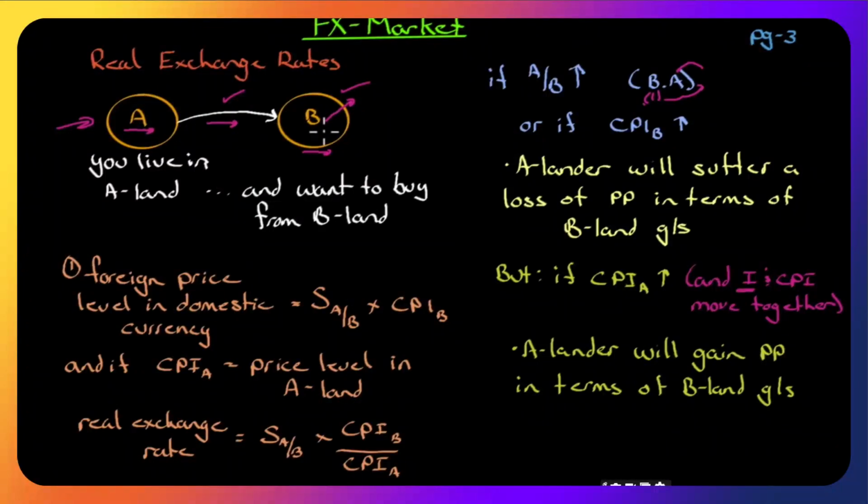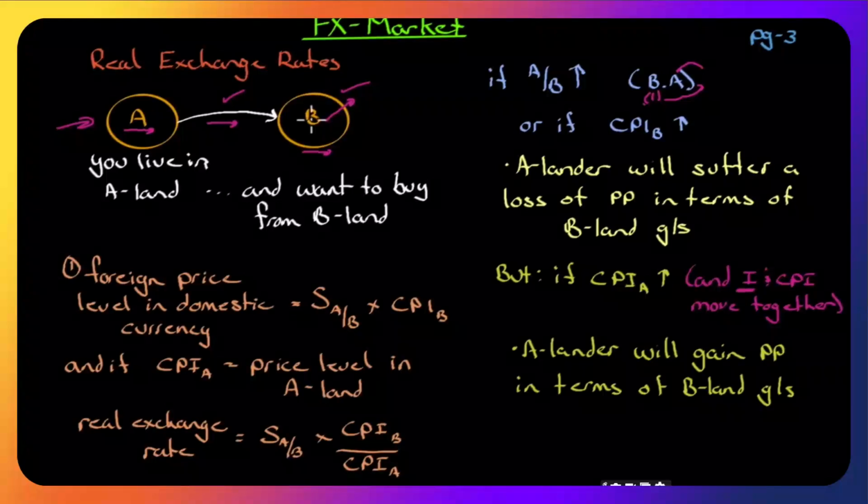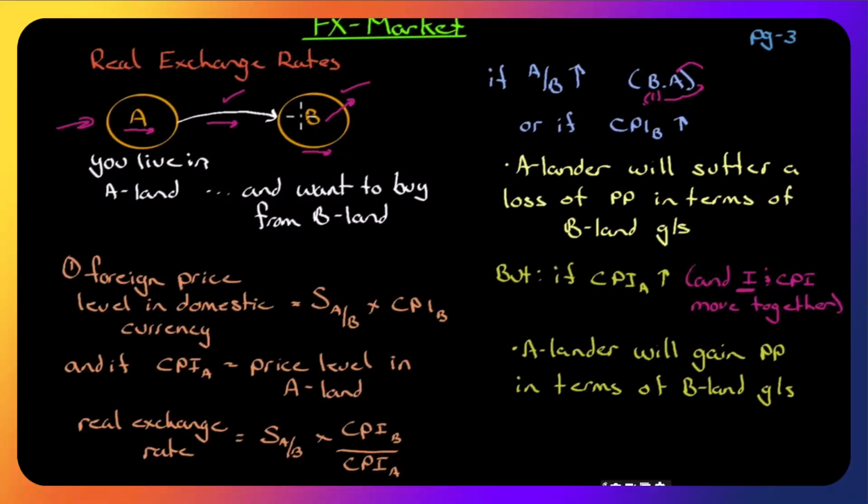So let's price out a basket of goods here that are subject to inflation in terms of dollars here. Well, the first thing we need to do is convert our dollars into B-land dollars. There's the exchange rate. And then we'll multiply it by whatever the rate of inflation is in this country. So we'll take a dollar, exchange it for here, and then multiply that by whatever the price level is to figure out what this is going to cost.